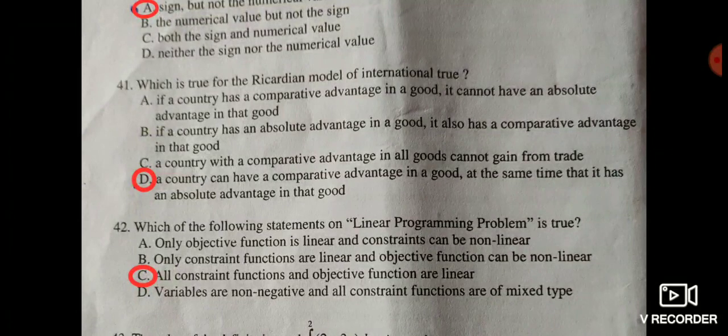A country can have comparative advantage in a good at the time that it has an absolute advantage in that good. Out of these four statements, option D is the correct answer: if a country has comparative advantage in a good, then at the same time it can also have an absolute advantage in that good.